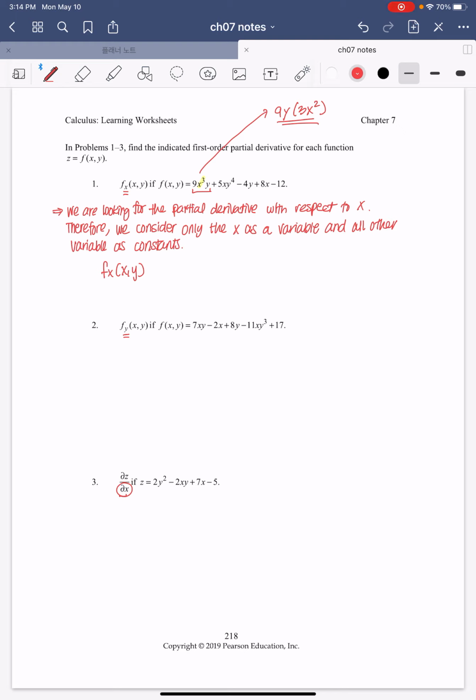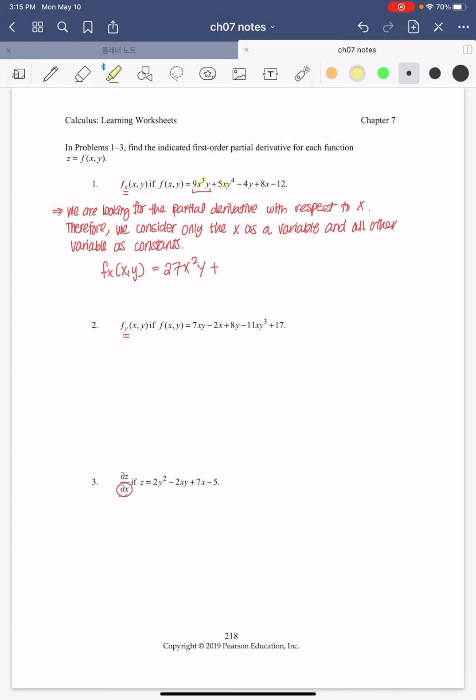So you are going to have 27, 9 times 3, 27 x squared y. So I took the derivative with respect to x and treated the other variable as a constant. So let's do a similar thing here. I'm going to highlight which variable I'm going to take the derivative of.